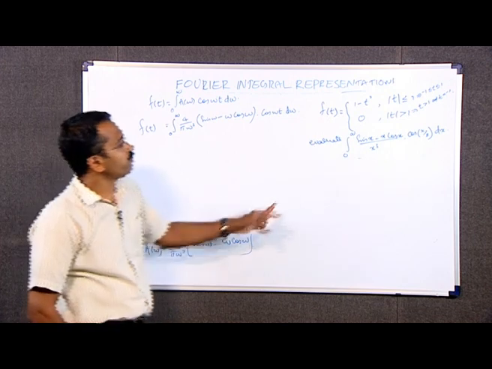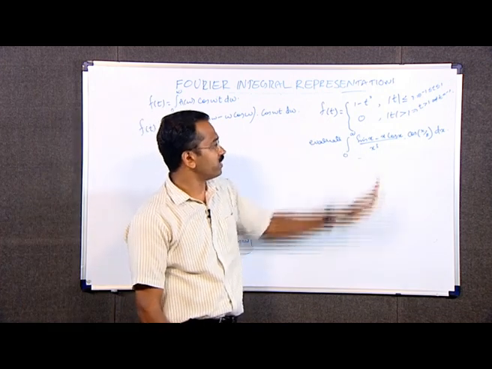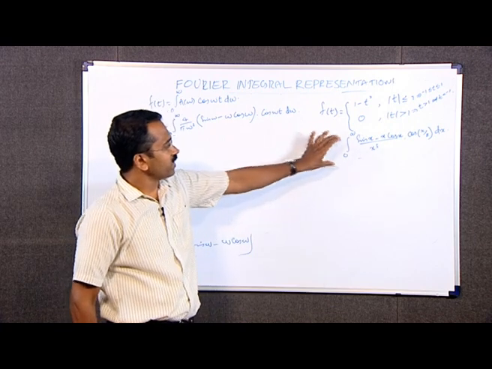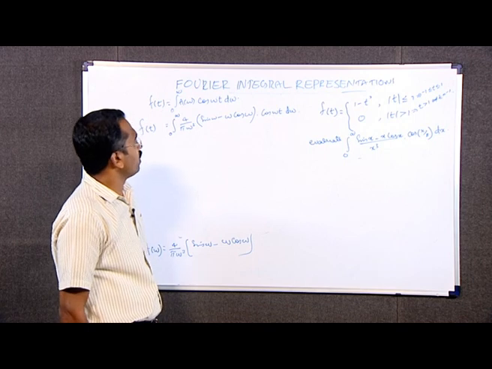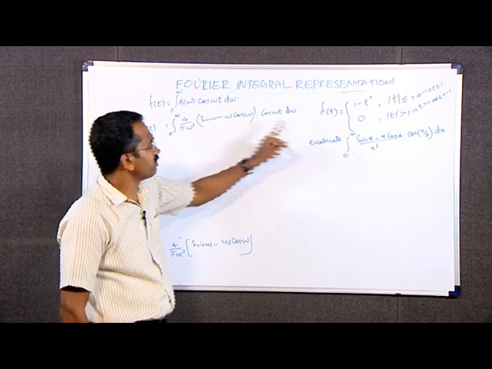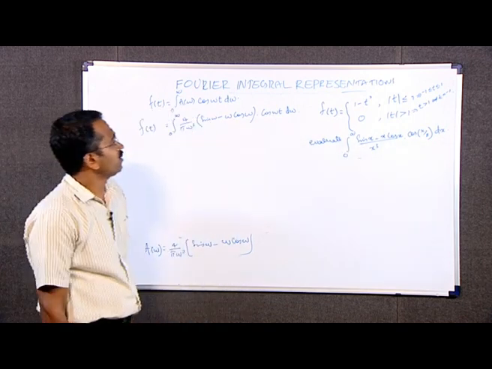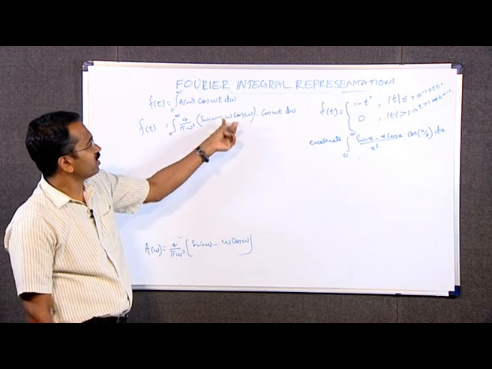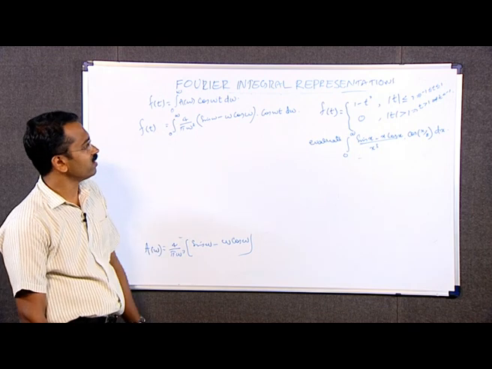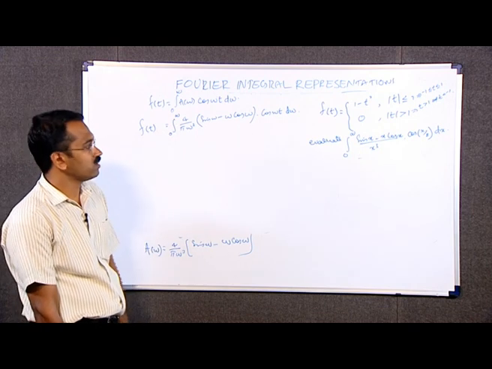Now, we want to evaluate this integral. Comparing this integral with this expression, here instead of omega the variable is x. We can change omega by x because this is a definite integral. In the definite integral we can change the variable.